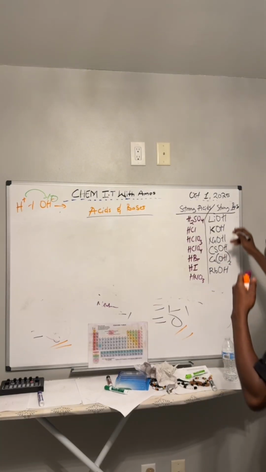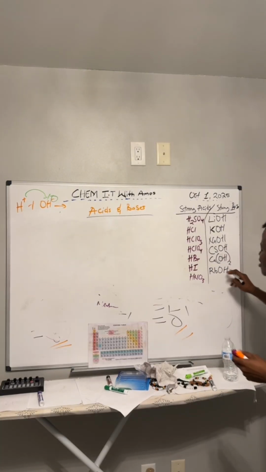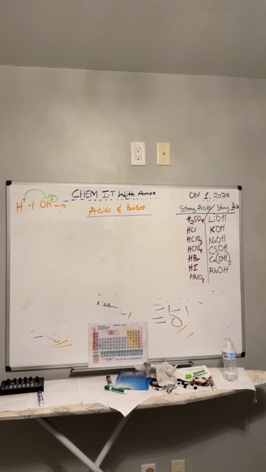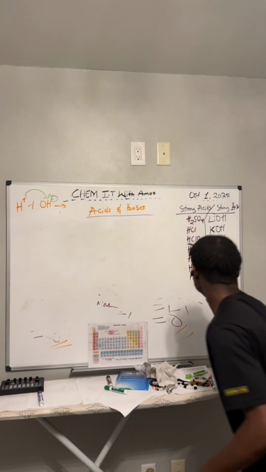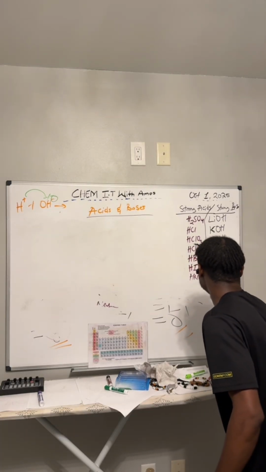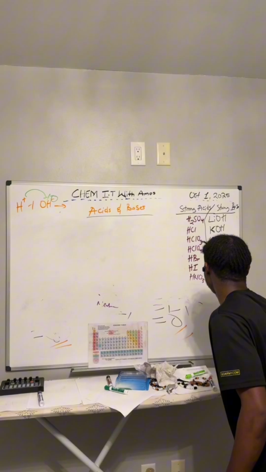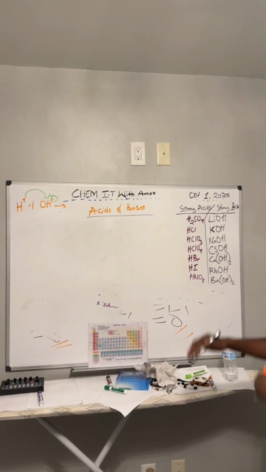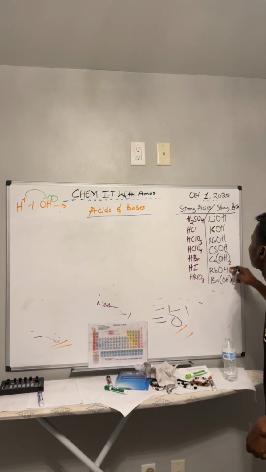And again we have 1, 2, 3, 4, 5, 6. We need 2 more of them to complete. We have an element in group 2 called barium, so we say Ba, parenthesis open, OH, close, 2. So we have 1, 2, 3, 4, 5, 6, 7.